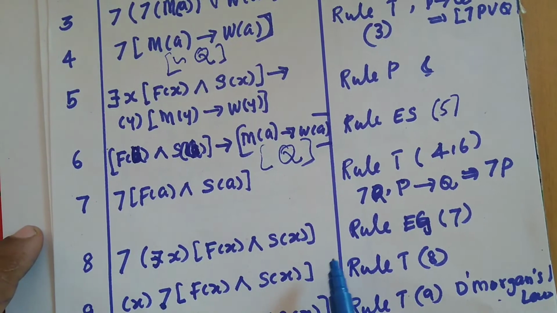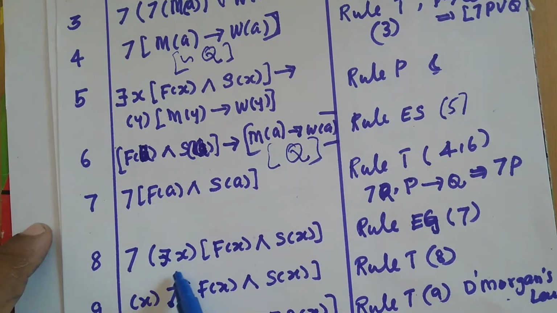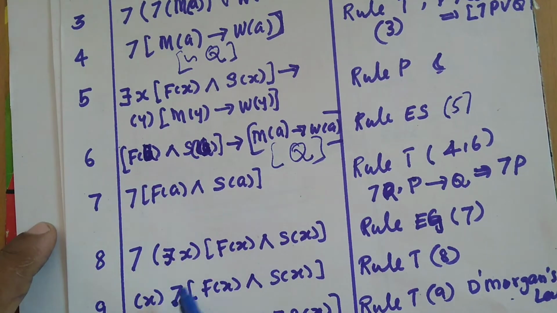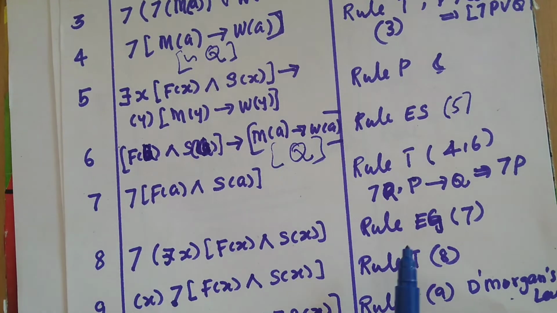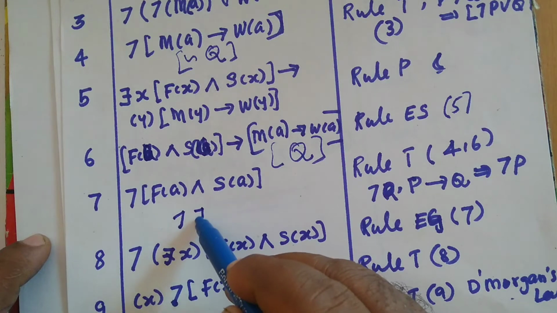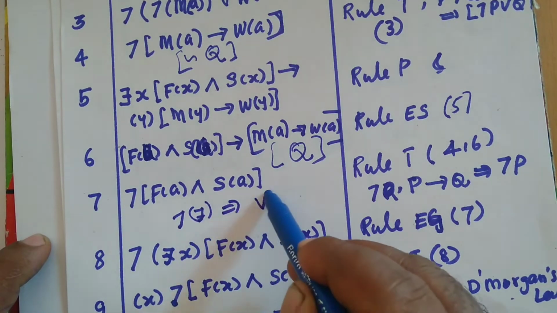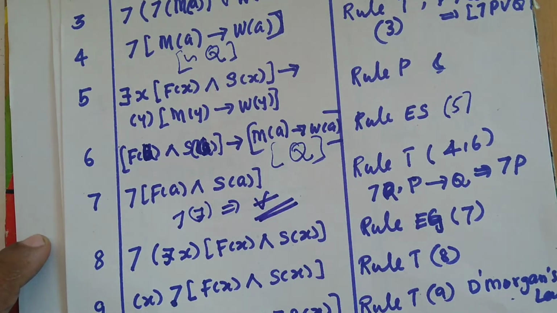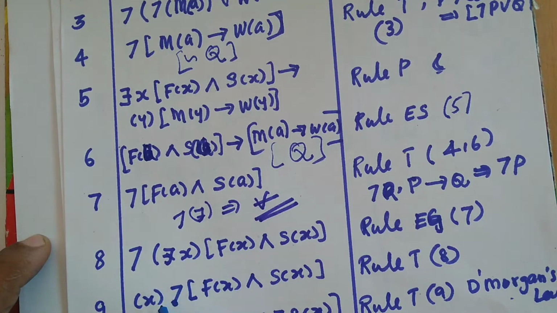Now negation of there exist means for all. So negation of there exist implies for all. So this negation of there exist becomes for all, then f of x and s of x.